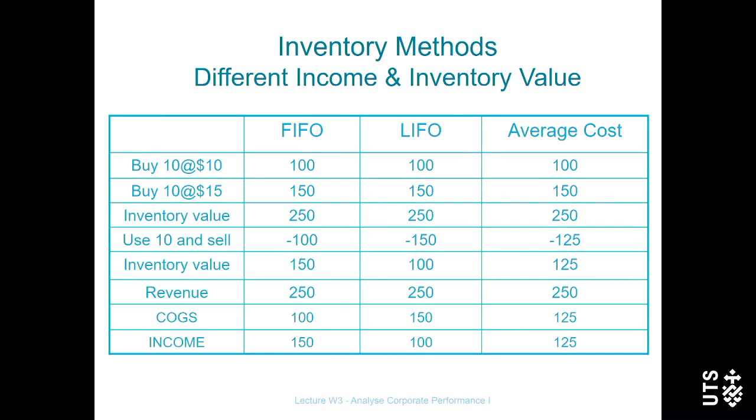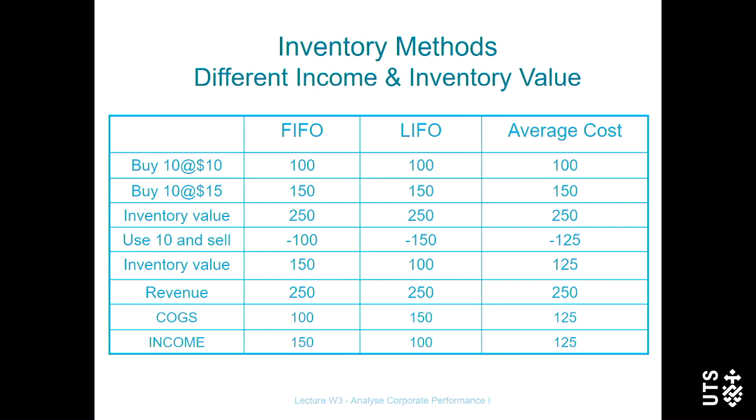So what happens with this company? Let's assume this is a company that is only starting today, and they buy first product, 10 units at $10. So that costs them $100, regardless of the inventory accounting policy. Then they buy another one, another batch of 10 units at $15, right? So everything is the same for both cases.